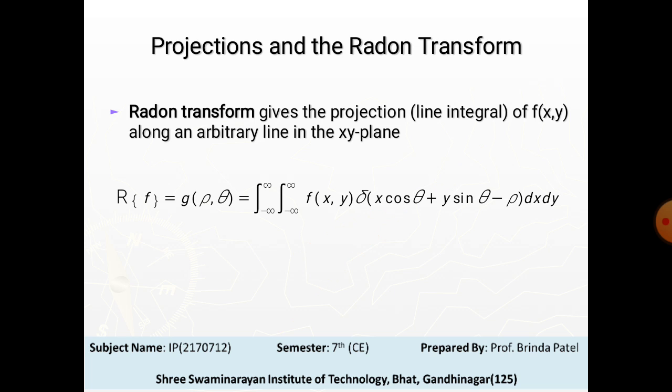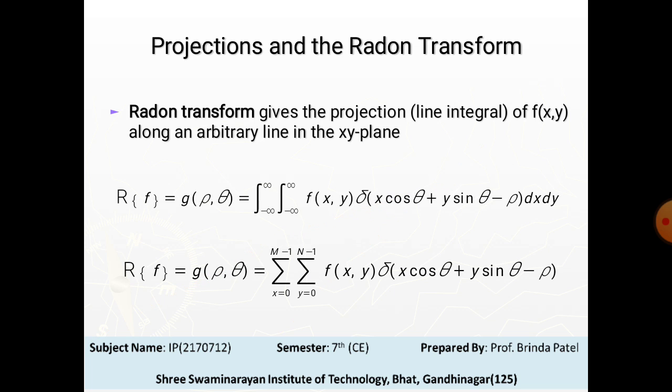In the discrete case, this equation becomes g of p, theta is equal to the sum over x equal to 0 to M minus 1, y equal to 0 to N minus 1 of f of x,y into delta of x cos theta plus y sin theta minus p.